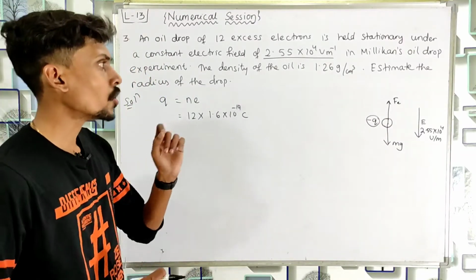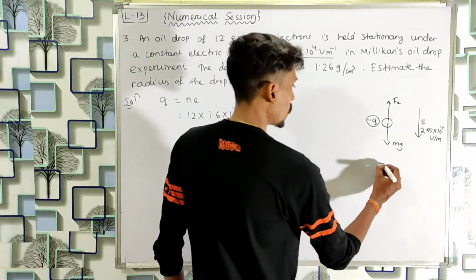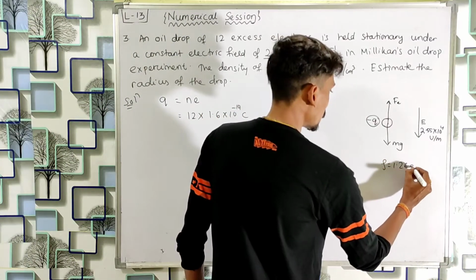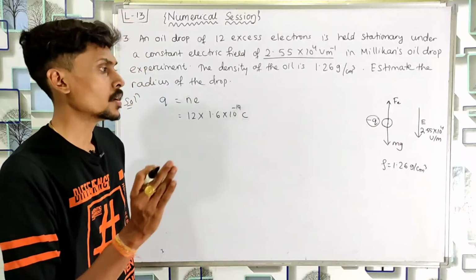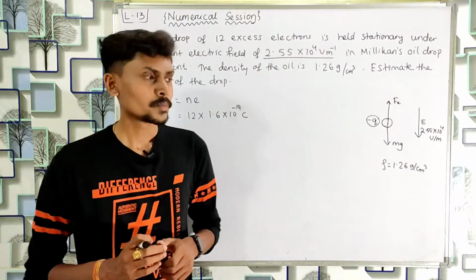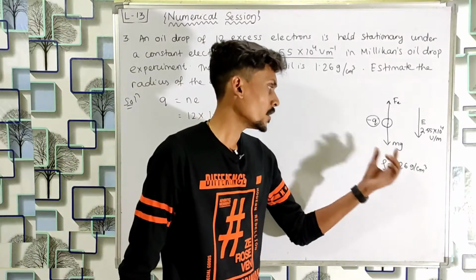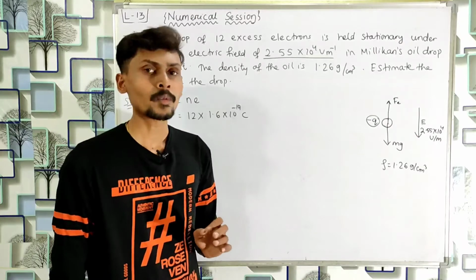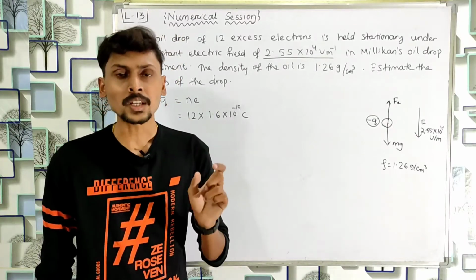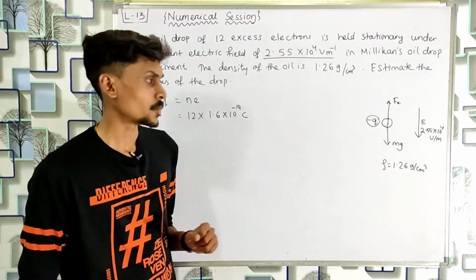And the density of the oil is given, rho is equal to 1.26 gram per cm cube. But remember that we have to always use the SI unit. So the density is given in the CGS unit, gram per cm cube. That's why we have to first convert the density from CGS to SI system.